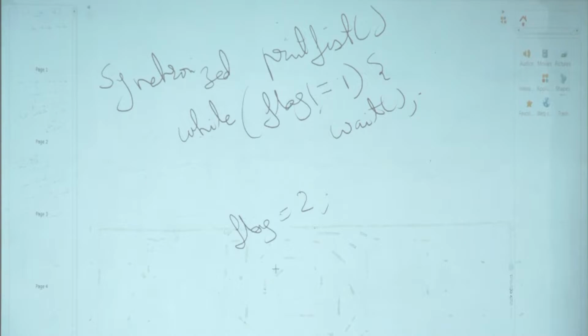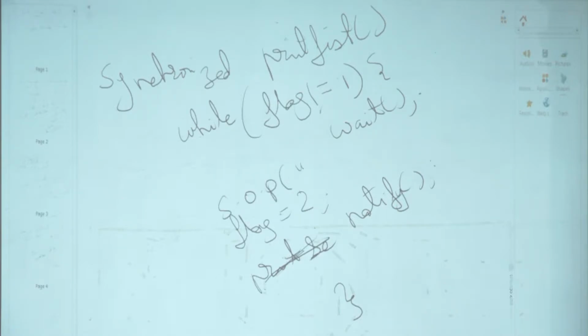Okay. Then I have to do print. I call the second guy. So I can say flag equal to 2. Now just making flag equal to 2, and I think that should be enough. If I make the flag 2 and I make notify, and of course, I have to say print first, so that printing has to be done, SOP first.